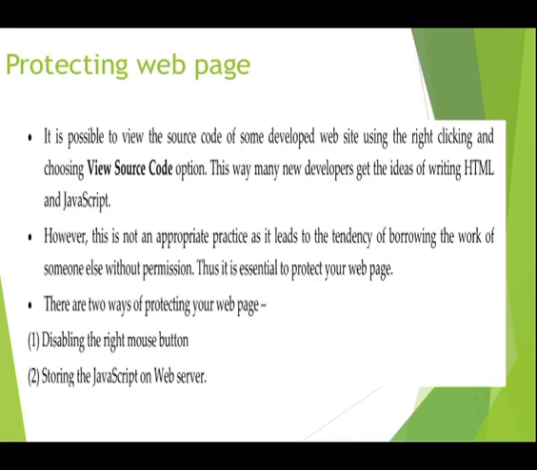Or you can store your JavaScript code on a web server. Here we are going to study how to disable your right mouse button so that no one can copy your JavaScript code. There is a simple JavaScript code for disabling the right mouse button. Let's see the code.